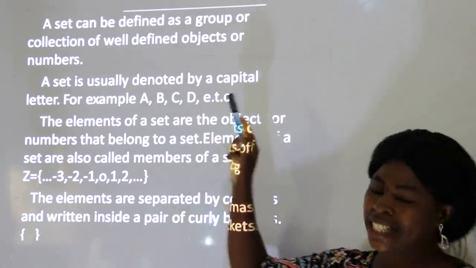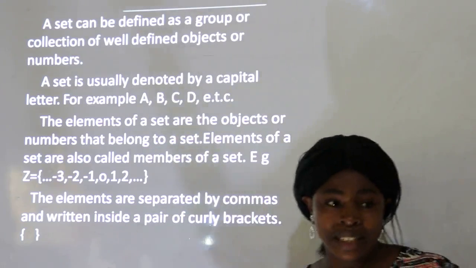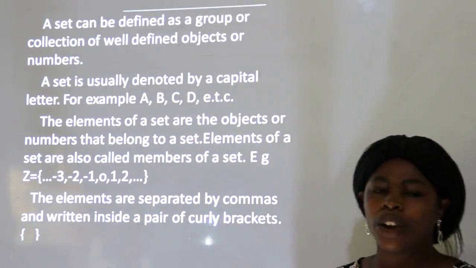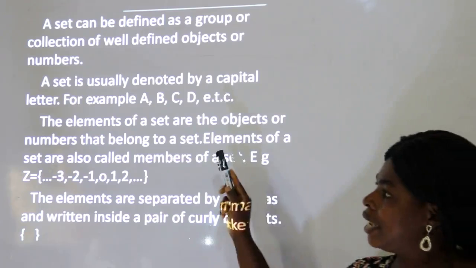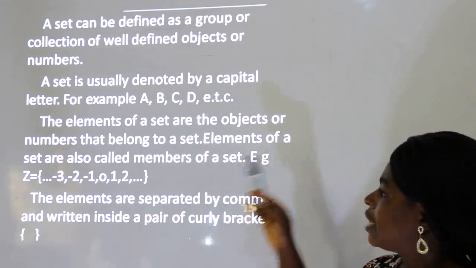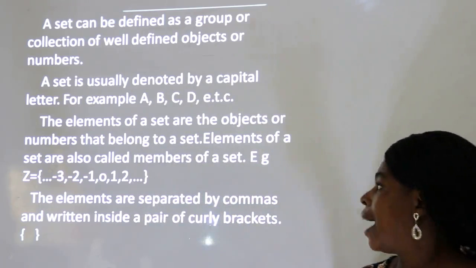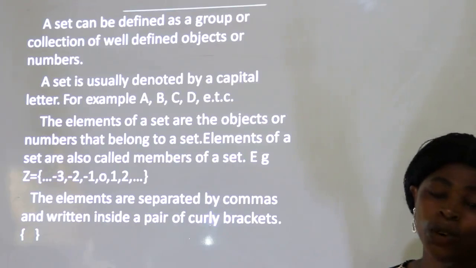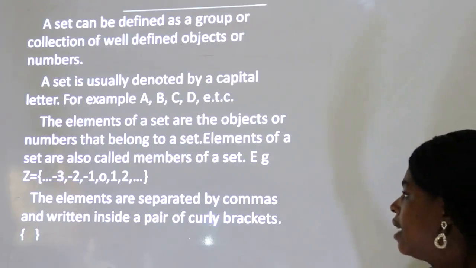For example, if I say set A is the set of even numbers, then even numbers like 2, 4, 6 are called the elements of set A. Elements of a set are also called members of a set. So if I do not say element of a set, I can also use member of that set.